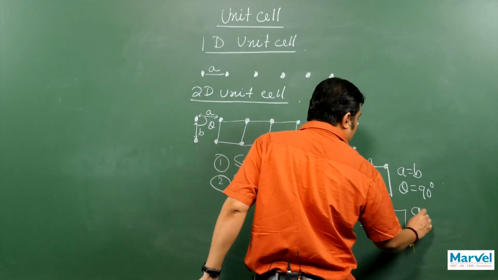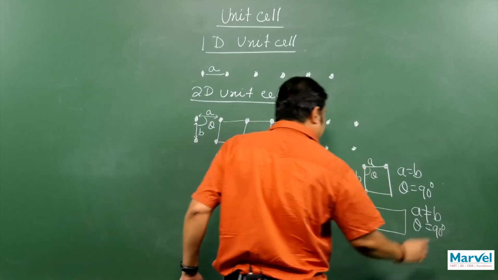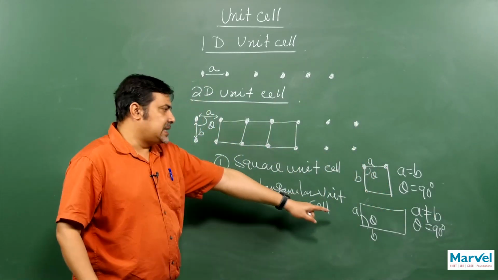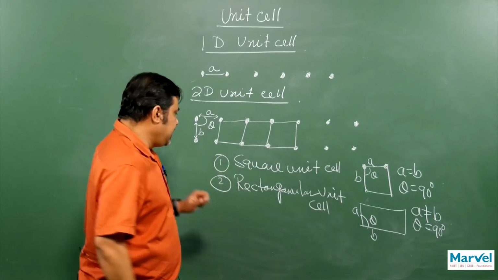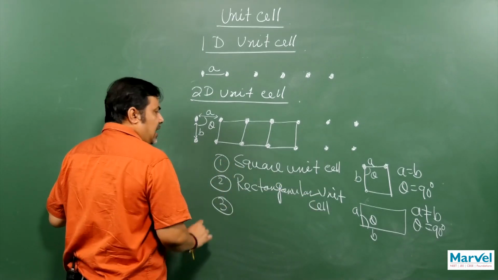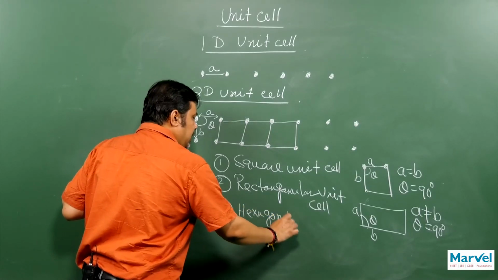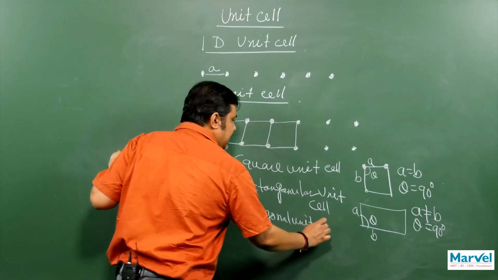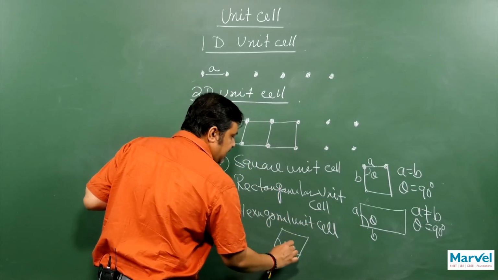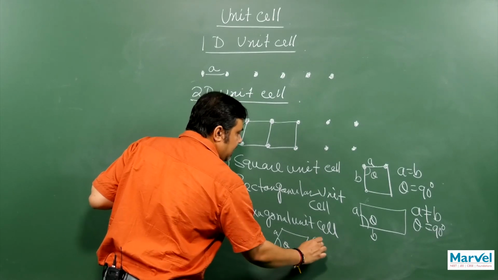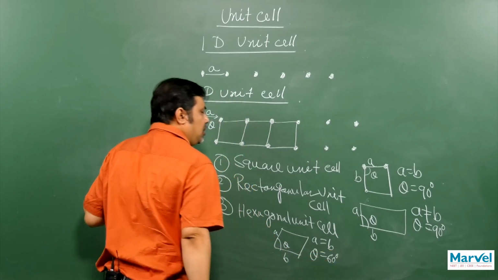So A not equal to B, and theta equals 90 degrees. The third category is the hexagonal unit cell. The hexagonal unit cell will be like this: this is theta, and A equals B. Here A equals B, but theta is not 90, it will be 60.